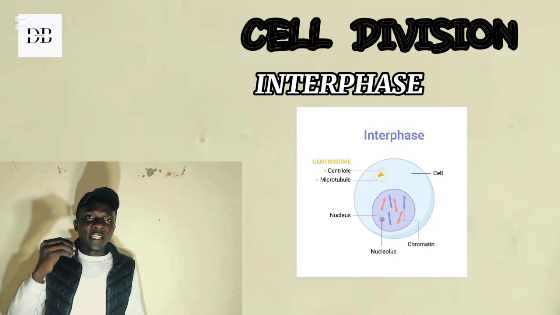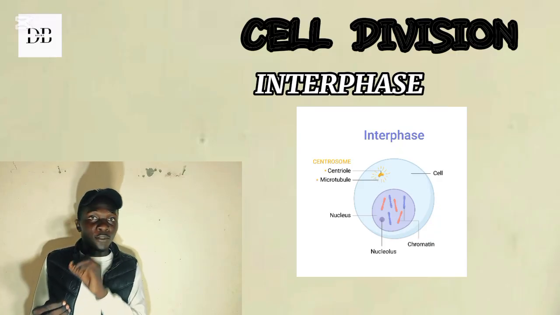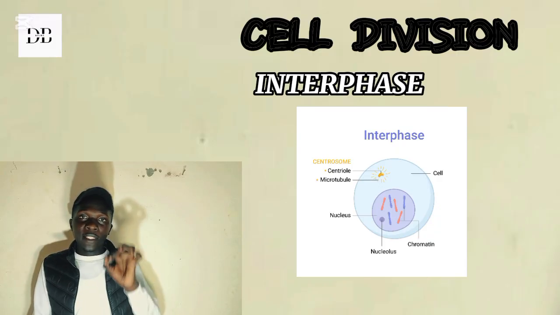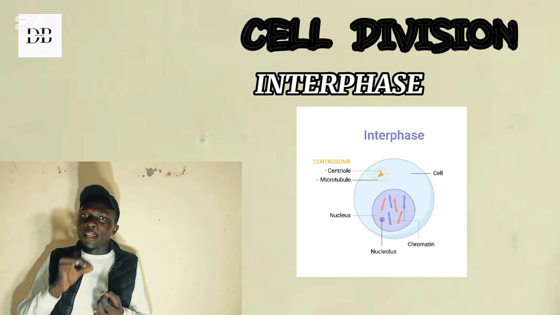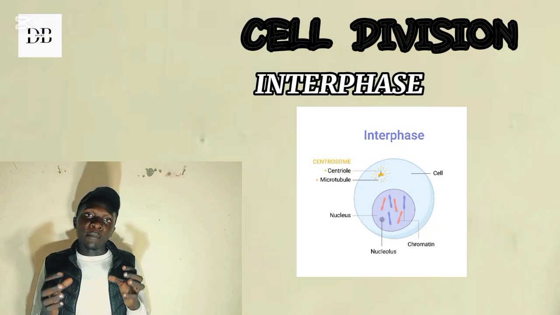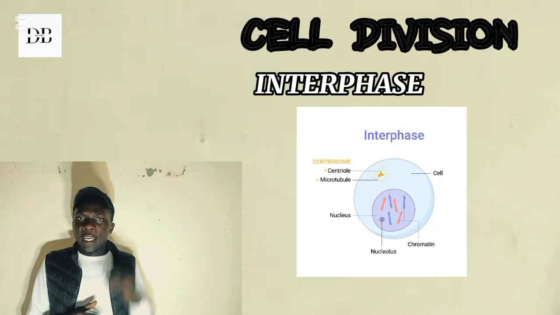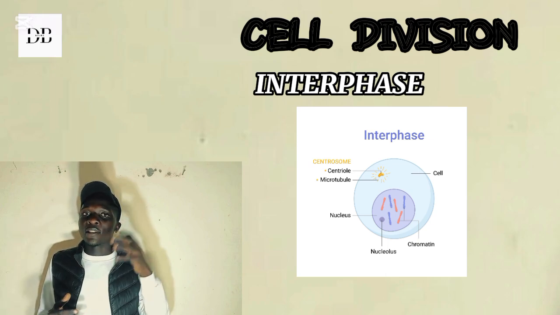During the interphase stage, the cell is said to be at rest because it is not dividing. This is because its chromosomes are long and thin and hence cannot be seen under a microscope. This is also where a cell replicates its chromosomes.